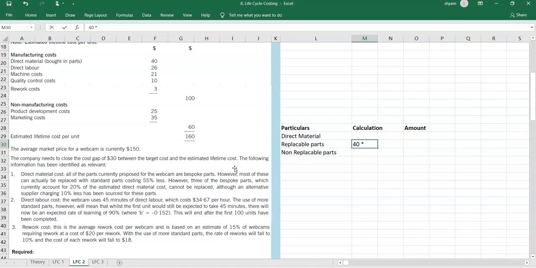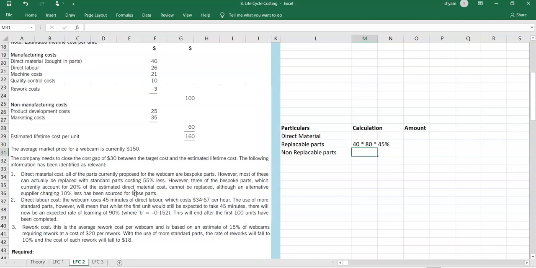Out of that 40, 20% cannot be changed. That means 80% can be changed, right? 80% can be changed, and we could buy those products at 55% less price. That means only 45% is going to be the balance cost. So whatever the cost is, we are going to buy it at a 55% lower price. So the price would be 45%.